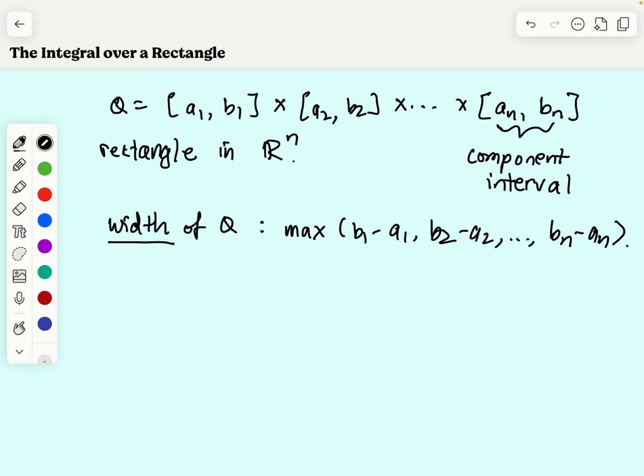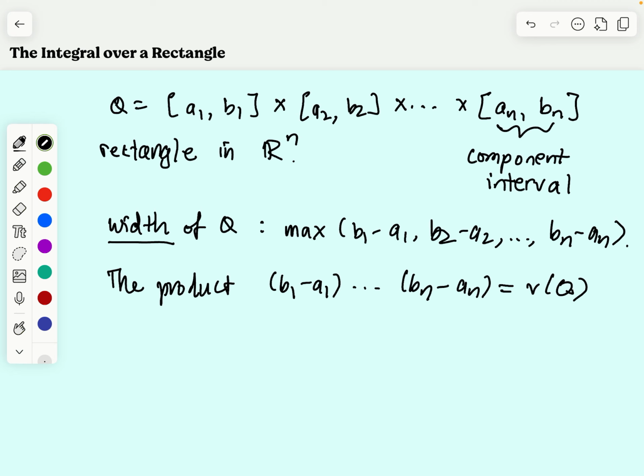Then when we take the product b1 minus a1 up to bn minus an, this product is denoted V of Q, and it's called the volume of Q. So if n is 1, then you just have a closed interval, and the length is the volume of the rectangle.